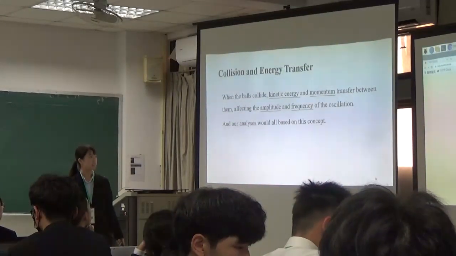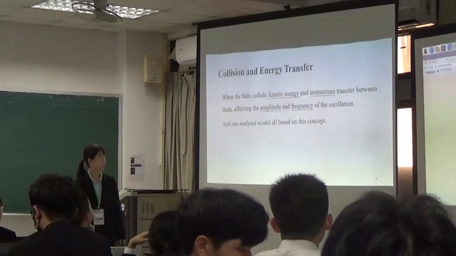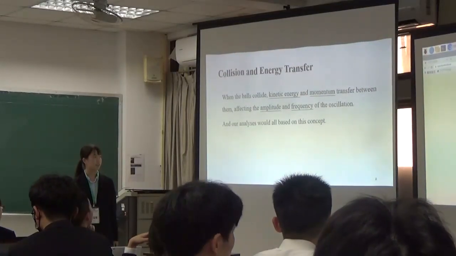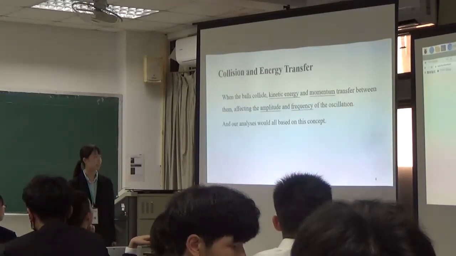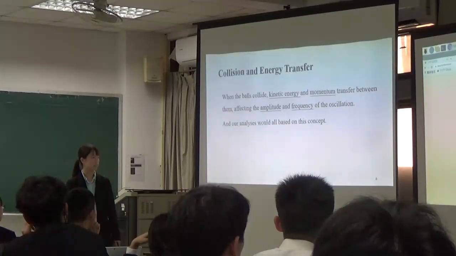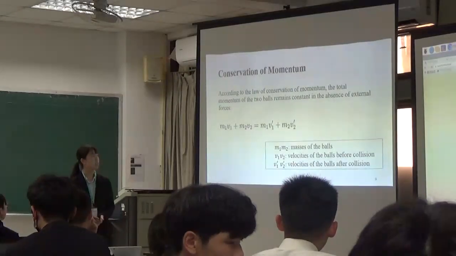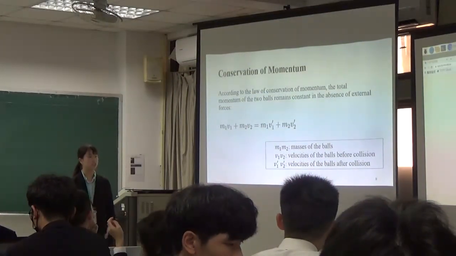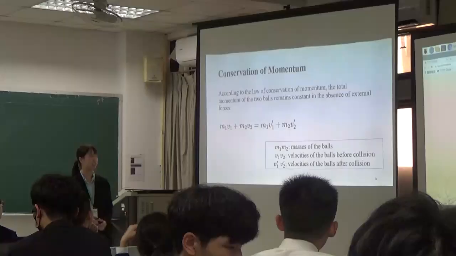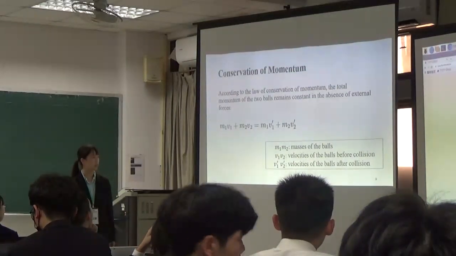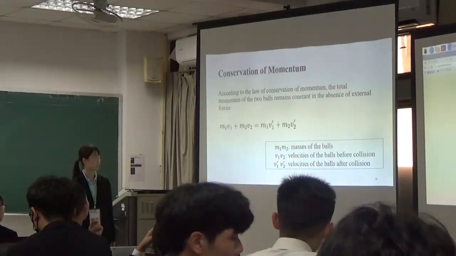When the balls collide, kinetic energy and momentum transfer between them, affecting the amplitude and frequency of the oscillation. Our analysis will all be based on this concept. So this is the conservation of momentum. According to the law of conservation of momentum, the total momentum of the 2 balls remains constant in the absence of external force.